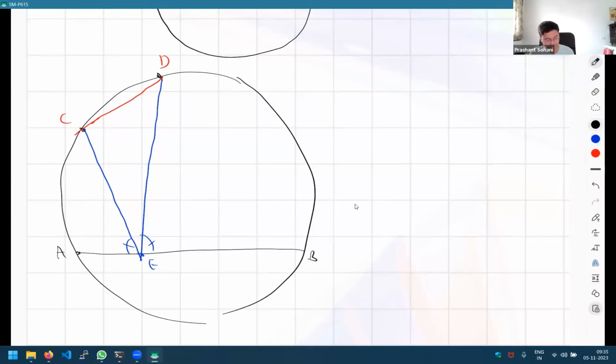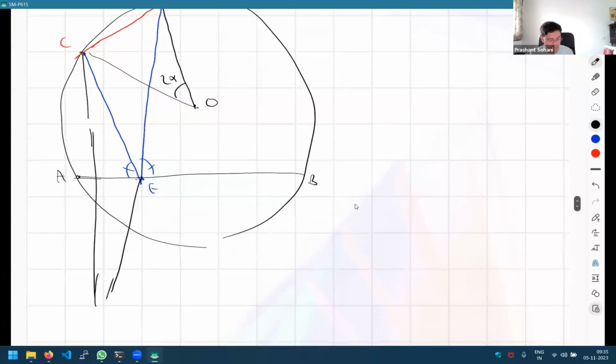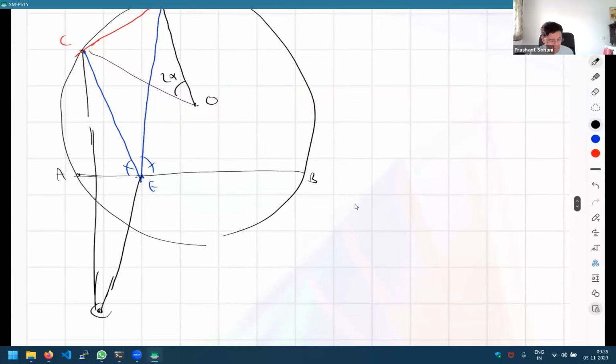Just to see what part of the original solution still works: if I join it to the center, this angle is still fixed. We can call it 2 alpha. But the construction which Om gave, reflection of C in the line AB, will still give me this point. But now that point is no longer on the circle, so I cannot relate this to alpha and cannot call this alpha anymore.